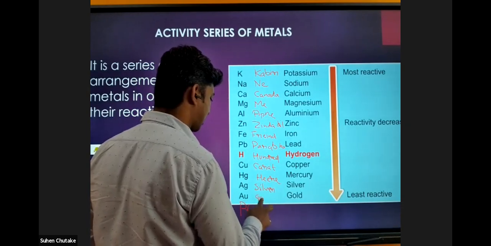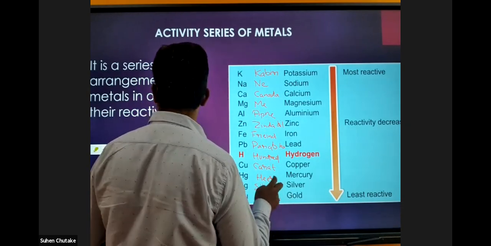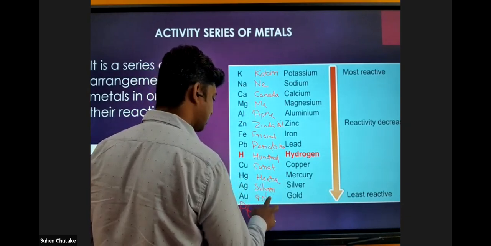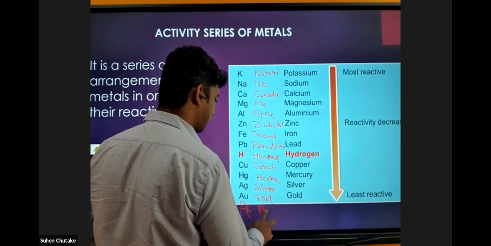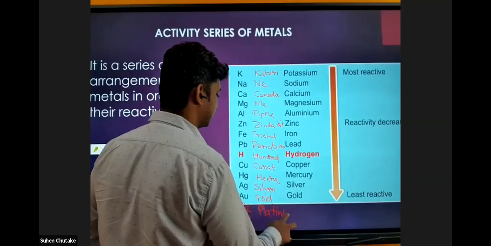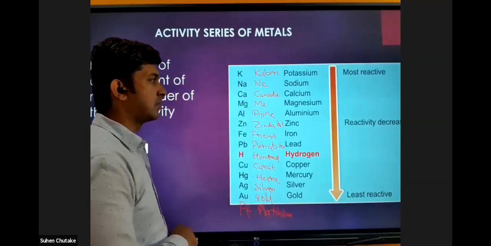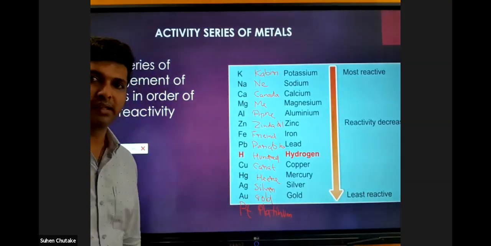Silver is argentum, all of you know that. Gold is aurum, that's why Au. Silver, gold, platinum. Okay, so this is how I remember the entire metal activity series.